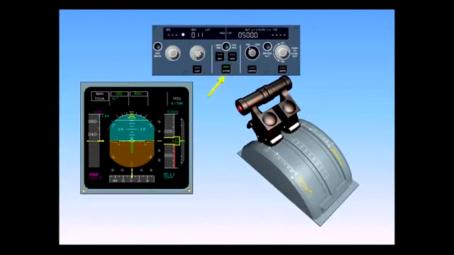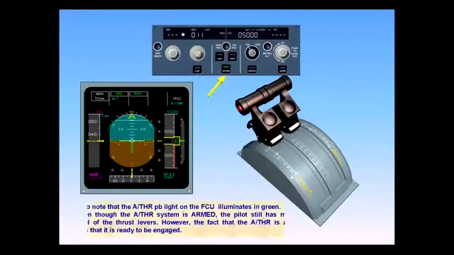Also note that the autothrottle push-button light on the flight control unit illuminates in green. Even though the autothrottle system is armed, the pilot still has manual control of the thrust levers. However, the fact that the autothrottle is armed means that it is ready to be engaged.